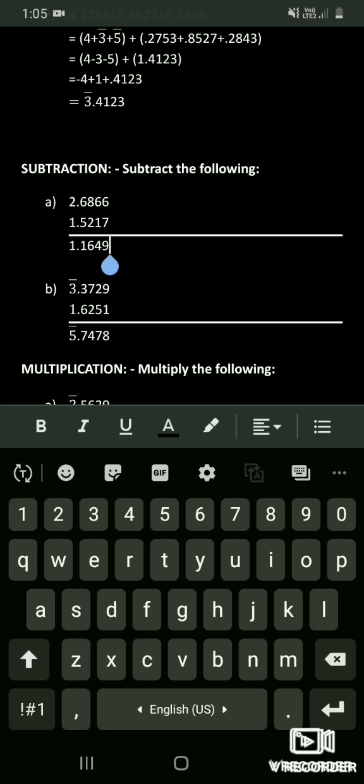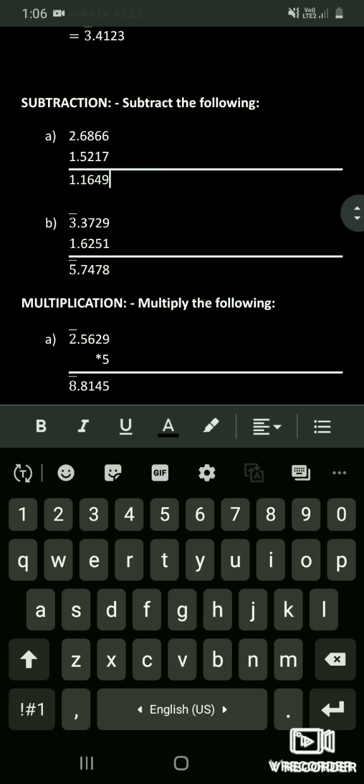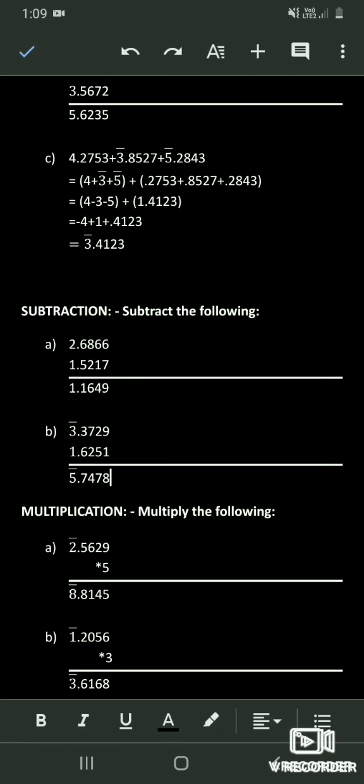So you'll get the answer as 1.1649, and you can solve it in the usual subtraction way. Also you can use this methodology and solve the problems by separating the characteristic and the mantissa part. Anything which is convenient for you, you can choose that method.